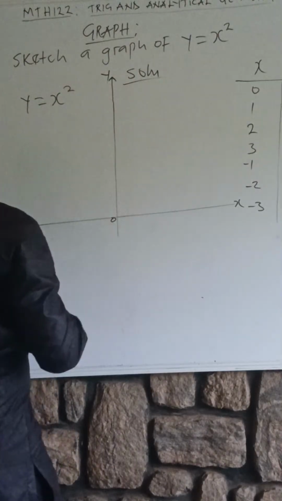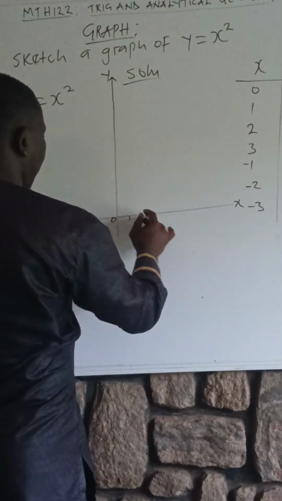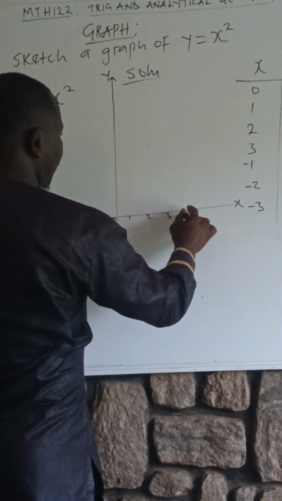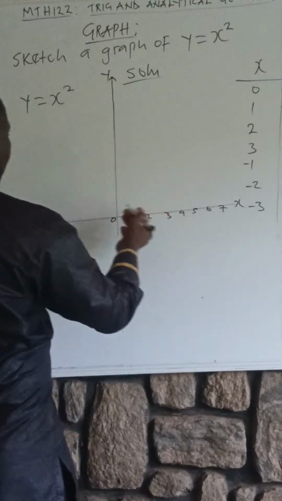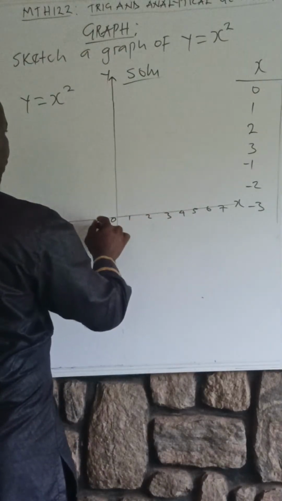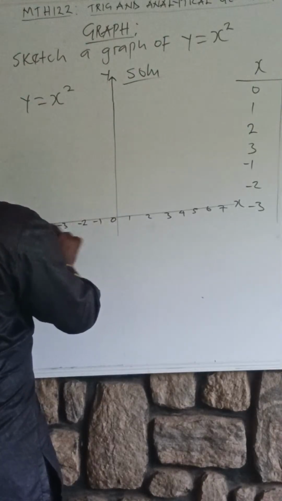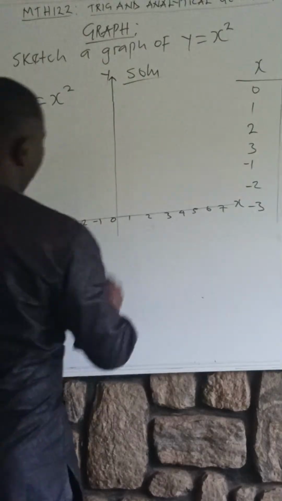Here is 1, 2, 3, 4, 5, 6, 7, minus 1, minus 2, minus 3, minus 4, minus 5.